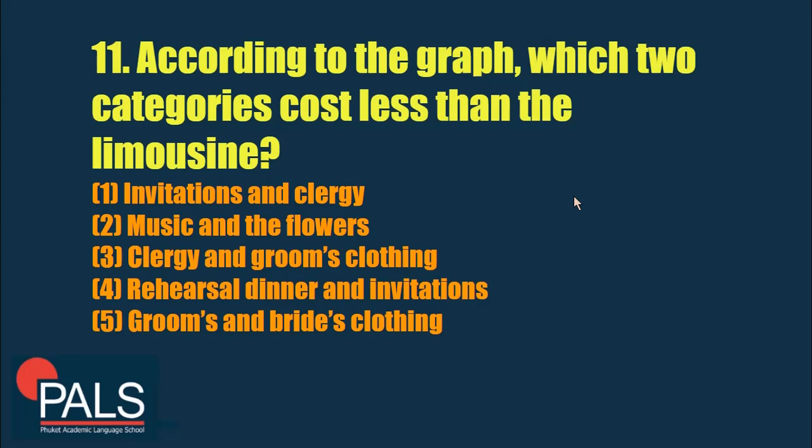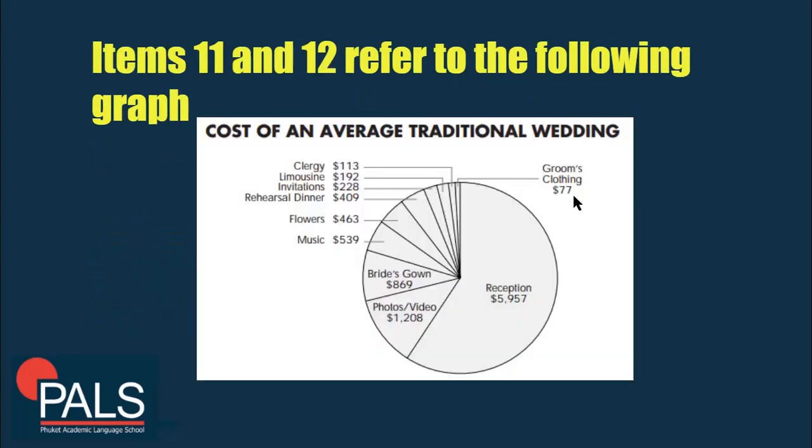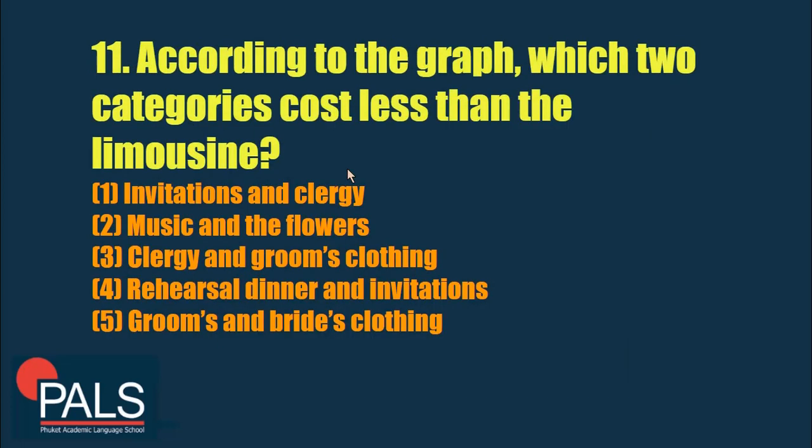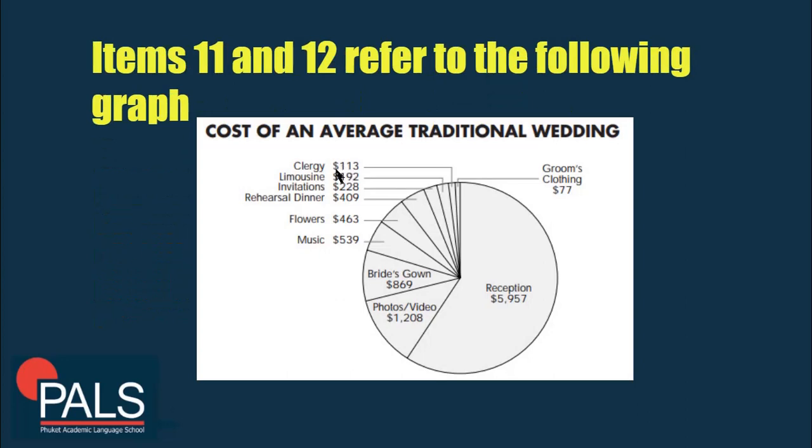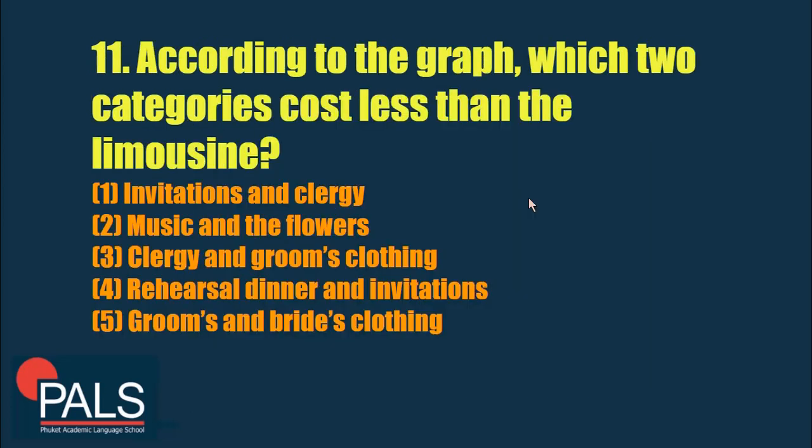Let's take a look at the limousine. $192. So what are the 2 things that are cheaper than $192? It's the clergy and groom's clothing, because this is $192, that is $113, and that is $77. So the answer here is number 3.